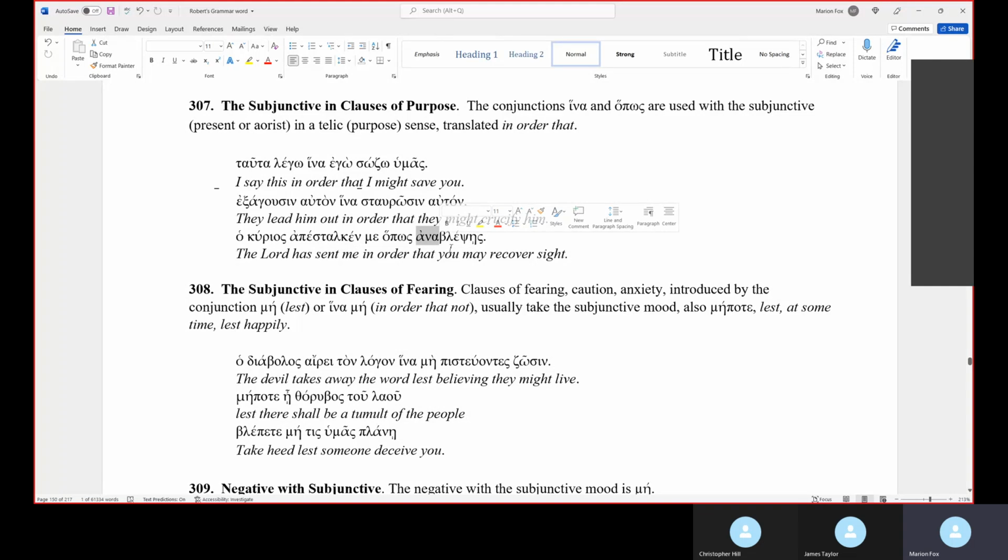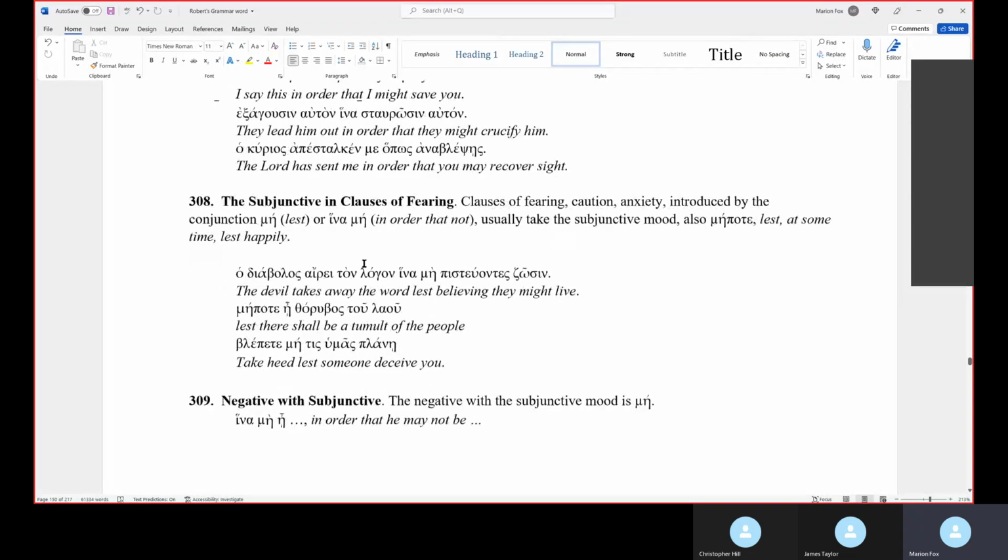So you may recover sight. Okay? And that's subjunctive, so that's your purpose. This is the purpose. So these are periphrastic forms that are functioning almost like an infinitive. All right, any questions?